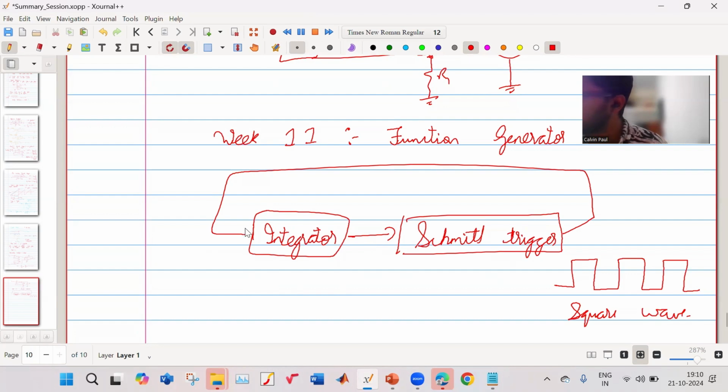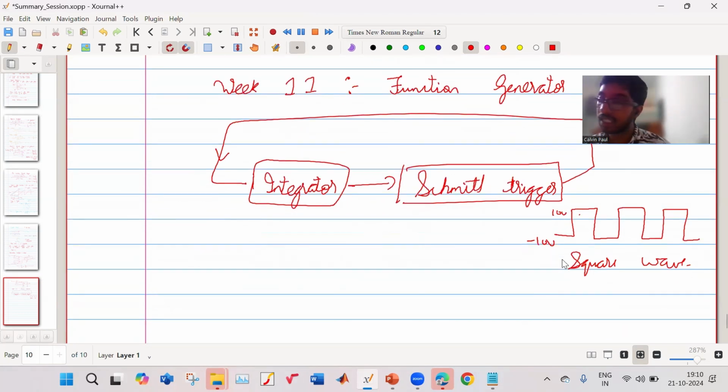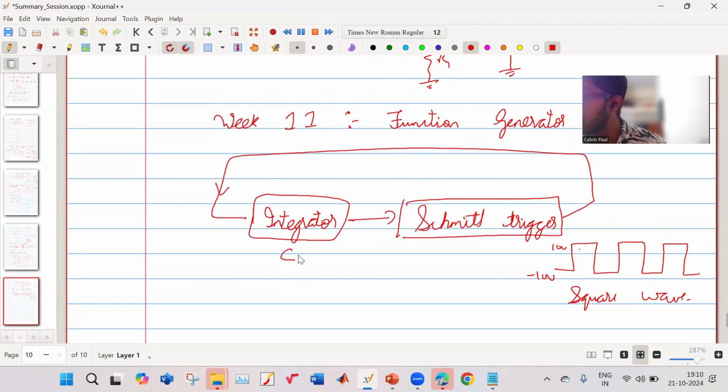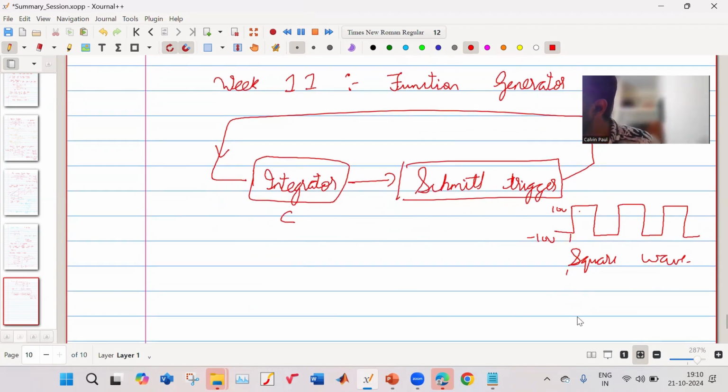Now it comes to your integrator. The integrator integrates, which means it is basically adding. Suppose this is 10 volt and this is minus 10 volt. You give 10 volt plus 10 volt plus 10 volt to your integrator, and the integrator voltage will rise, and then again will fall, and will rise, will fall.